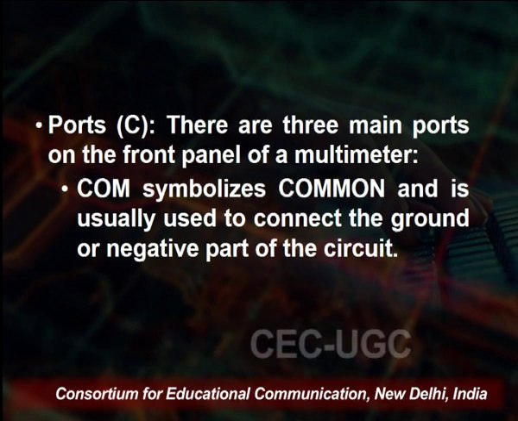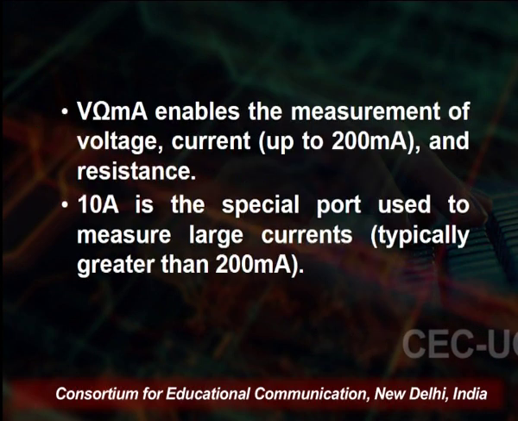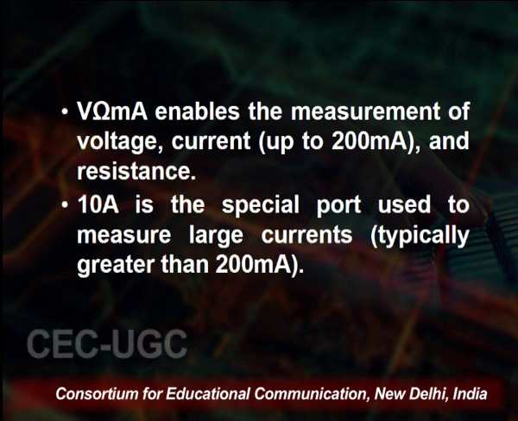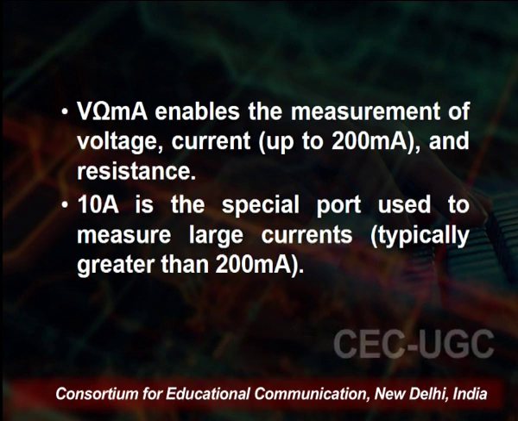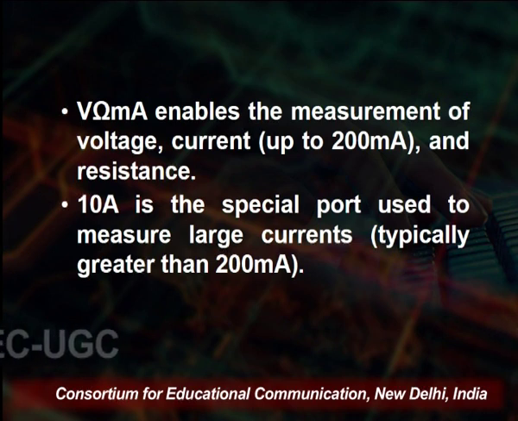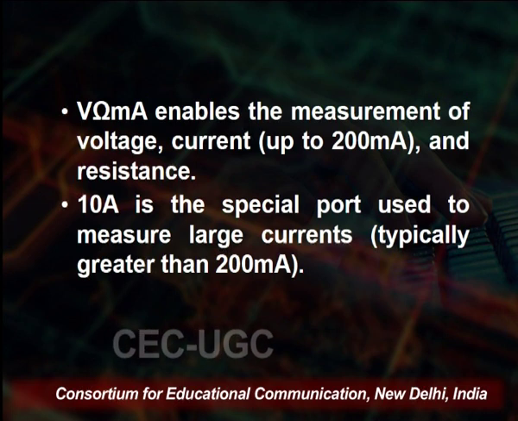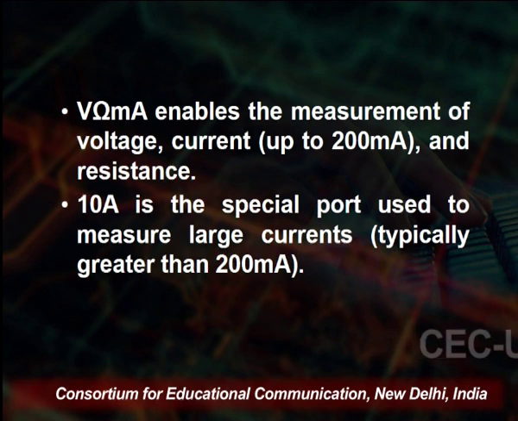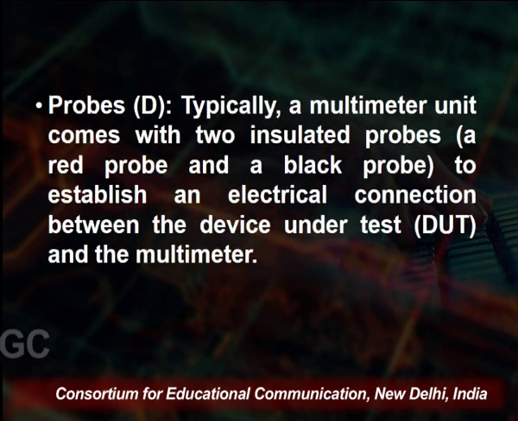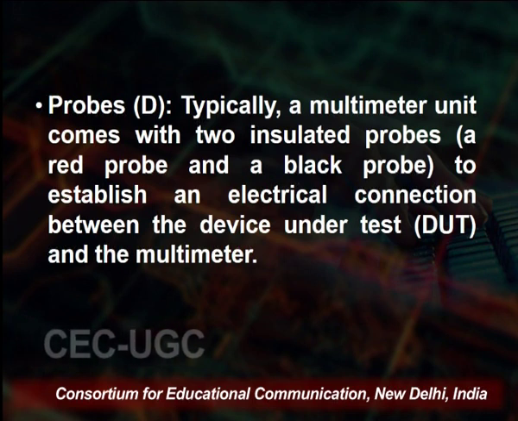Generally we connect the common port to the ground. Another is the VΩmA port, which enables measuring voltage, current up to 200 milliampere, and resistance. Then the 10 ampere port is the special port used to measure large current, typically greater than 200 milliampere.